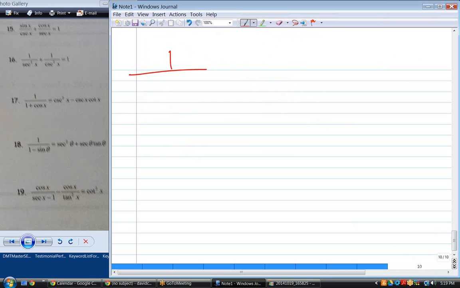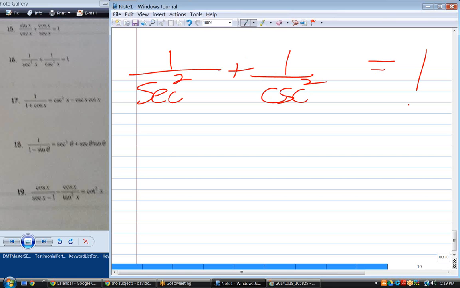All right, 1 over secant squared plus 1 over cosecant squared equals 1. So we're going to have to get this into sine squared plus cosine squared again.